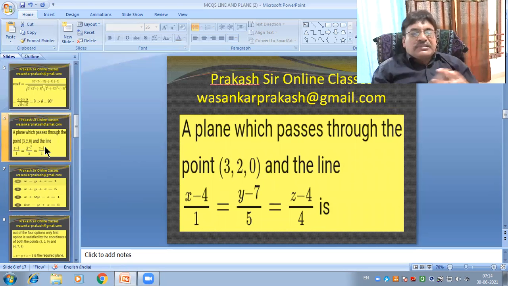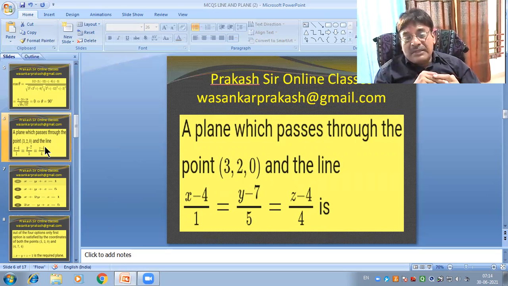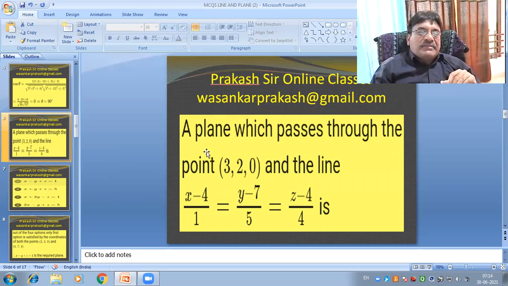In this multiple choice question, we find the equation of the required plane passing through one point and one line. Here it is given that a plane passes through the point 3, 2, 0 and the line x minus 4 upon 1 is equal to y minus 7 upon 5 is equal to z minus 4 upon 4.